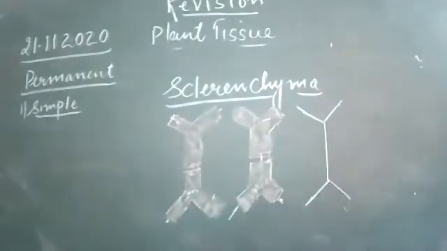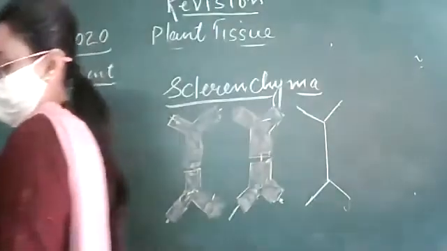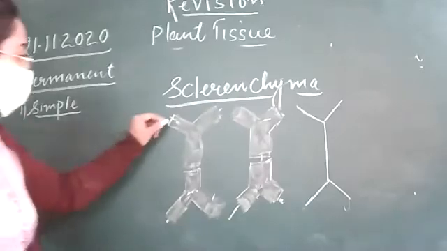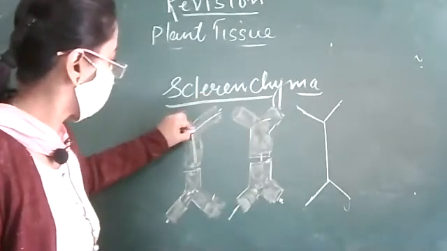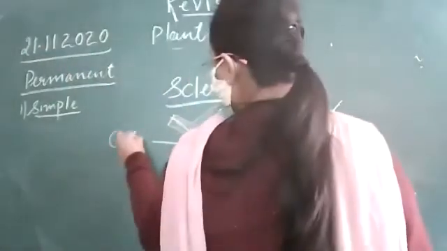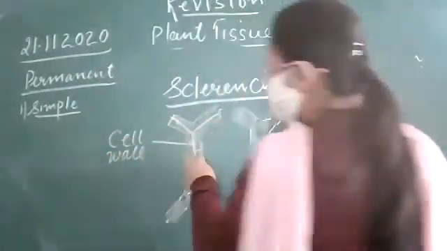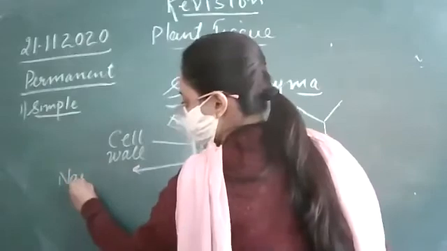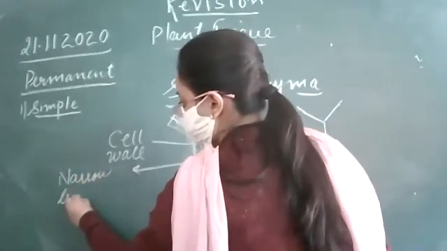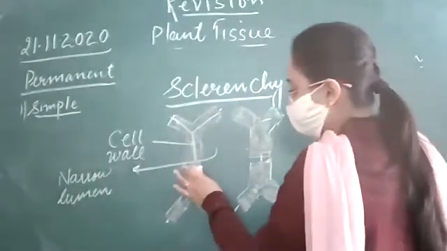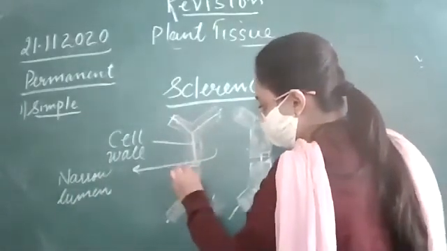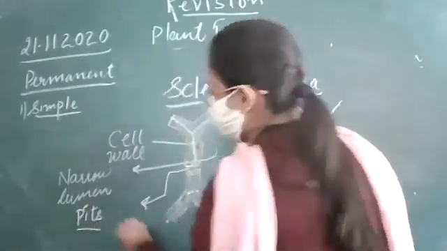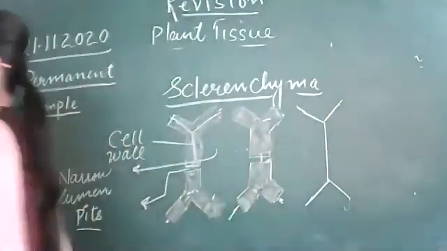So these are the cell walls that go inside. This is our cell wall. And because of thickening, this lumen gets narrow. This is a narrow lumen. And these spaces in between are known as pits.